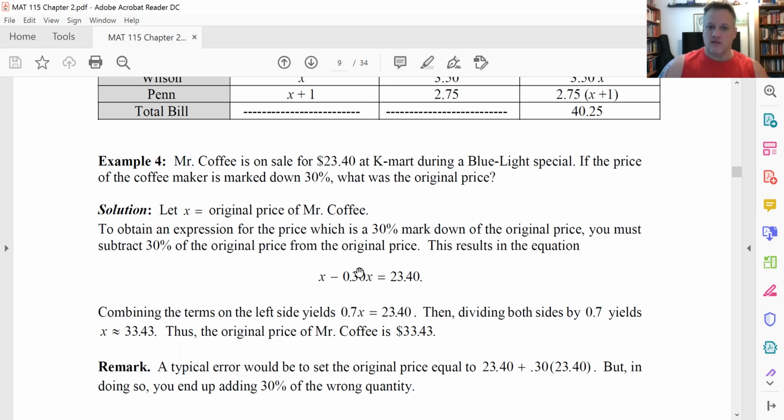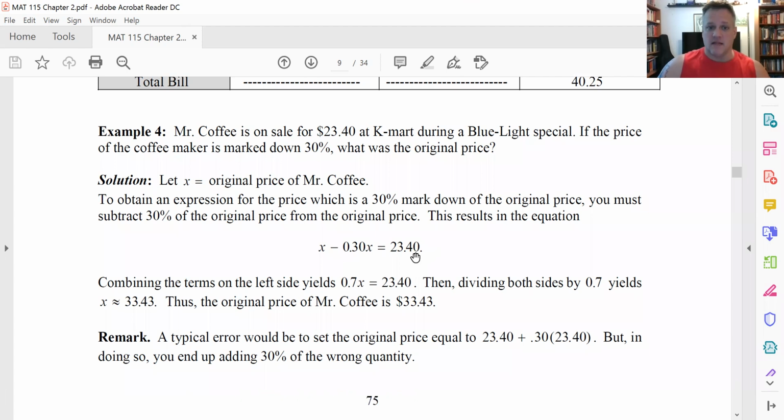This will result in a 30% markdown. All right. Look, that's a linear equation, right? So it can't pop out any quicker than that. Simplify the left-hand side to get 0.7X. The right side's already just a constant. So now if you divide both sides by 0.7, you get that X is approximately 33.43. And so the original price of Mr. Coffee is $33.43.